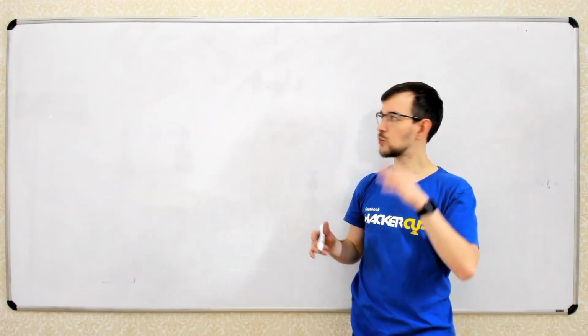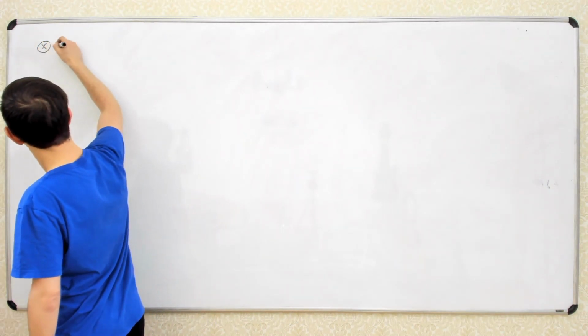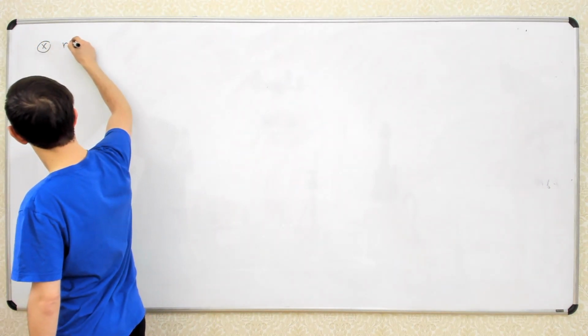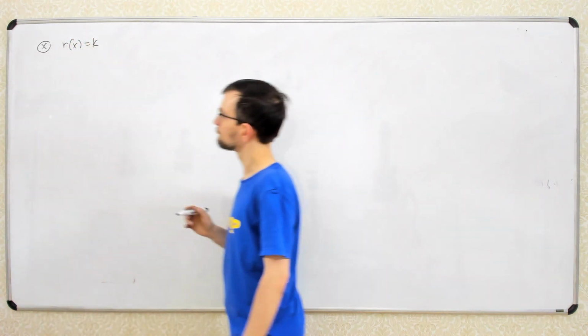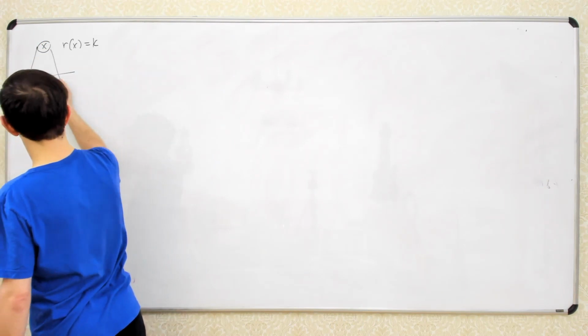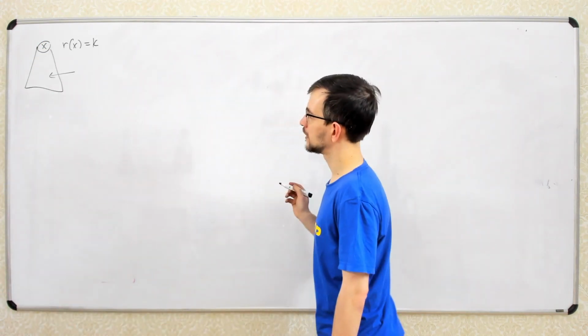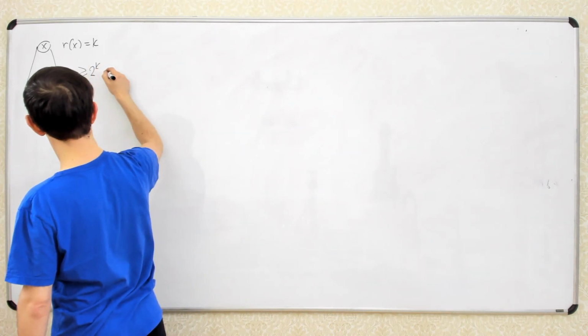If we look at a vertex x, if the rank of x is equal to k, then the number of vertices in its subtree is at least 2 to the power k.